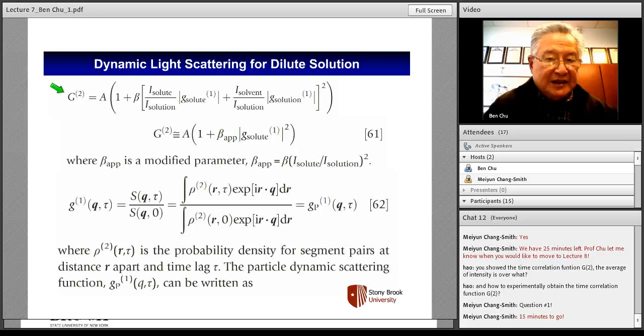Not too much time left, but you should pay attention to equation 61. The reason is, if you look a little bit closer, there's a beta here. You can absorb it in such a way that you have a modified parameter of beta. The coherence factor is related to the efficiency with which you can make your dynamic light scattering measurements.